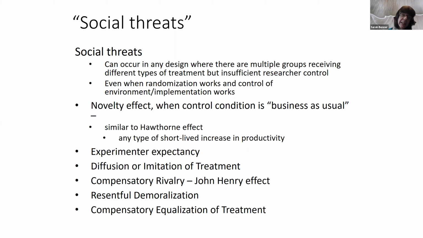Compensatory rivalry, which is also called the John Henry effect, is again something you can look up. John Henry was a steel driving man, and you can look up the song even.